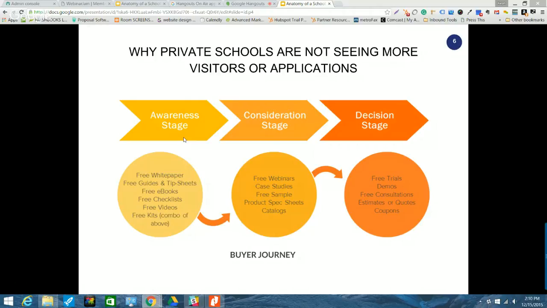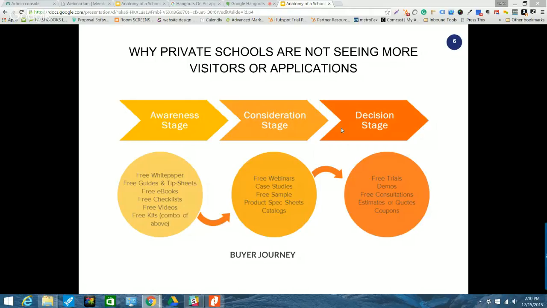So that's what we're going to dive a little more deeply into. And this is a big part of the problem, because this is where we see a significant uptick in the number of prospects that a school gains when they're able to connect with prospects way before they ever begin the process of engaging and actually determining whether they're going to attend your open house or not.